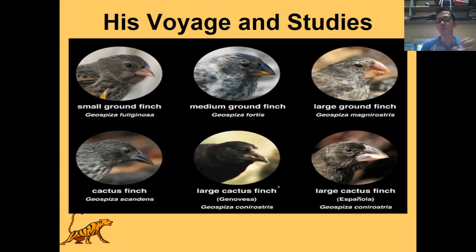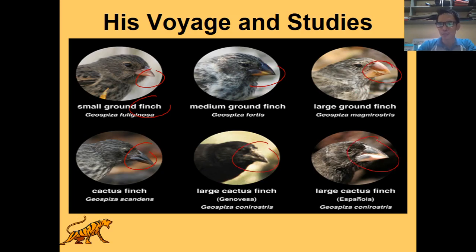Alright, this is one of the organisms that gave Charles Darwin an idea on how organisms change over time. So he studied this group of birds, which he called finches. Upon studying these birds, he found out that although they are the same, the beaks of these birds are completely different from each other and serve certain purposes.